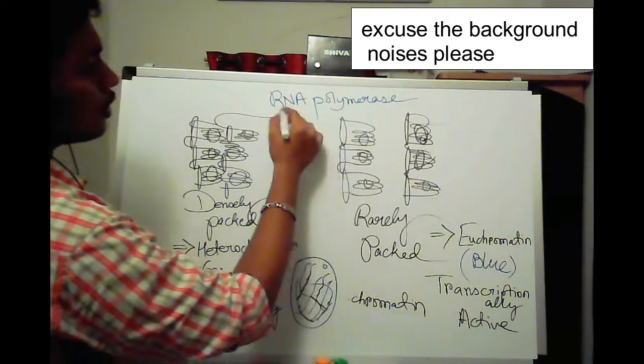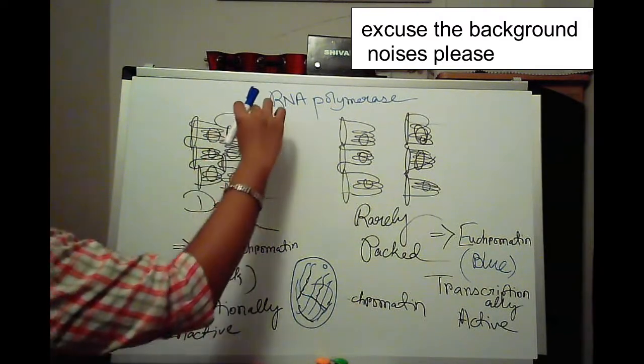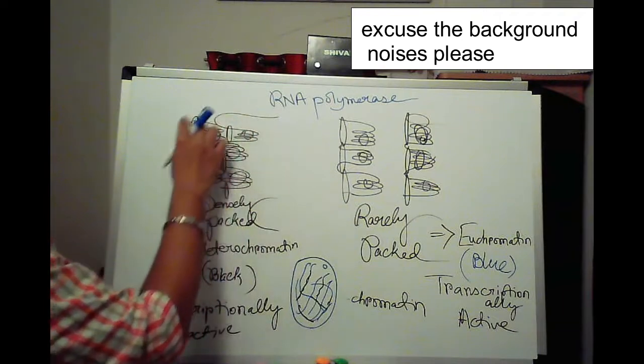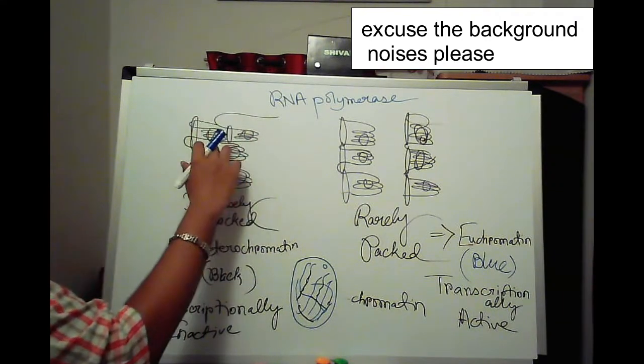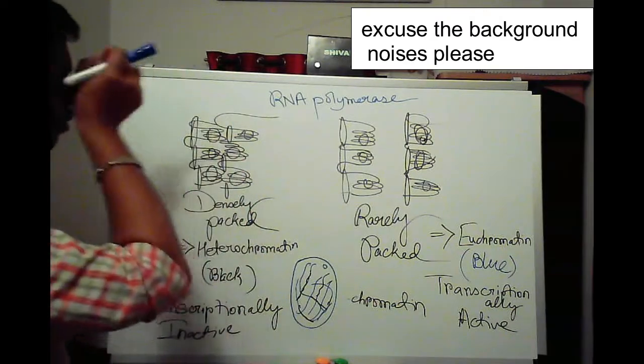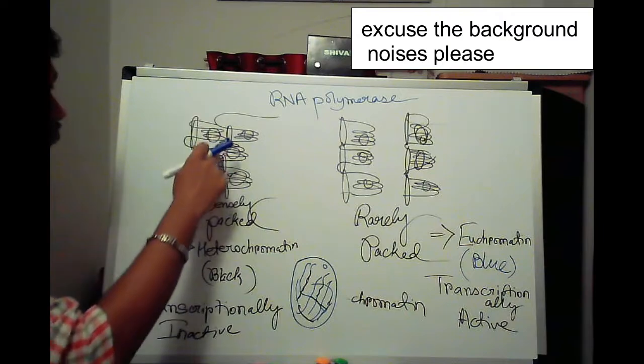This one just sits on the DNA, uncoils it, and starts reading. Now, do you think anything would be able to pass through these lanes? I don't think so.